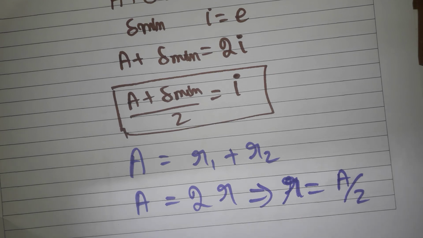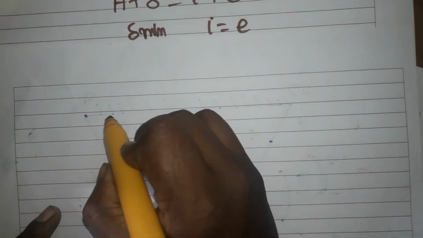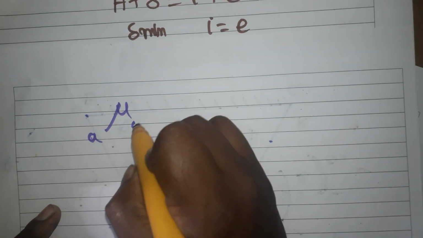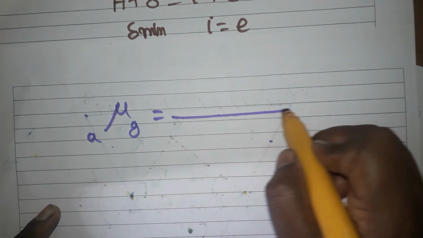Next step, we have to substitute into the formula. What is the formula? It's Snell's law only, sin I by sin R. So the refractive index of A to G is equal to sin of the angle of incidence divided by sin of the angle of refraction.